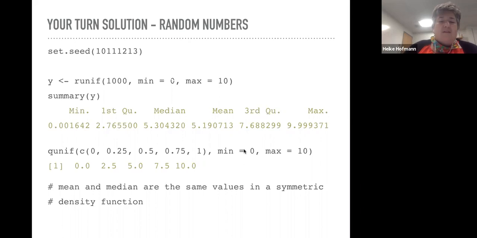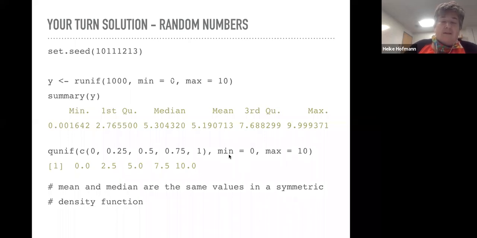The reason I know that is we can use the quantile function to come up with the theoretical values for these probabilities that correspond to minimum, first quartile, median, third quartile, and maximum. So the 0, 0.25, 0.5, 0.75, and 1.